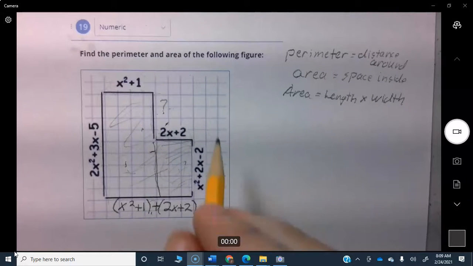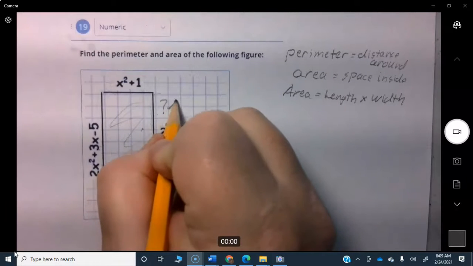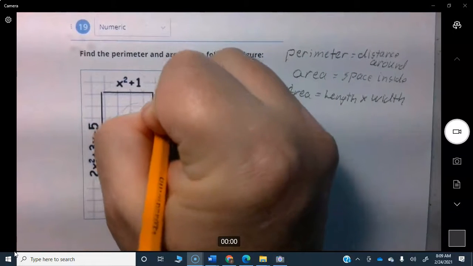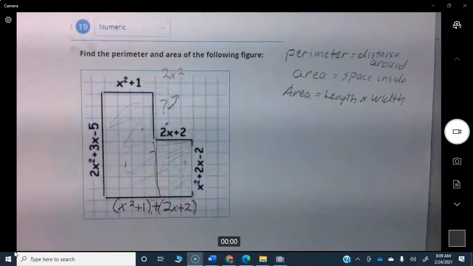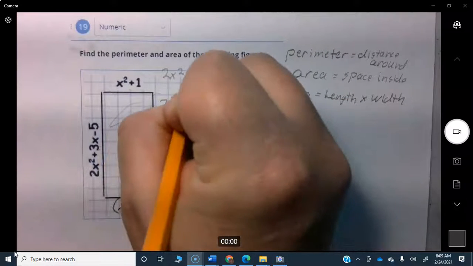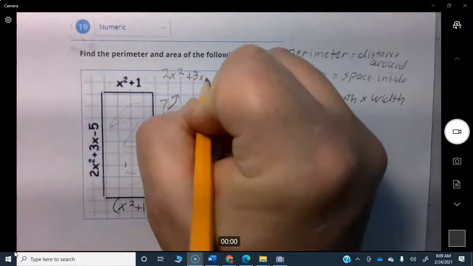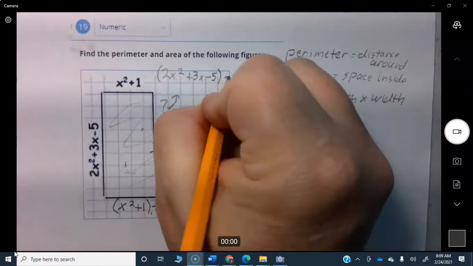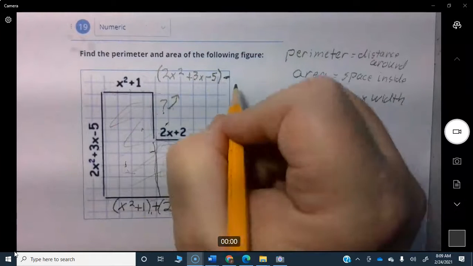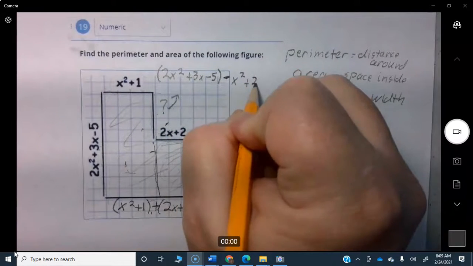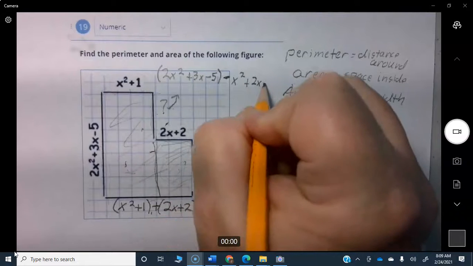So that means this minus this is going to give us that right there. Okay, so I'm going to come over here and call it this. It's 2x squared plus 3x minus 5, and I'll wrap that in parentheses, minus this x squared plus 2x minus 2.